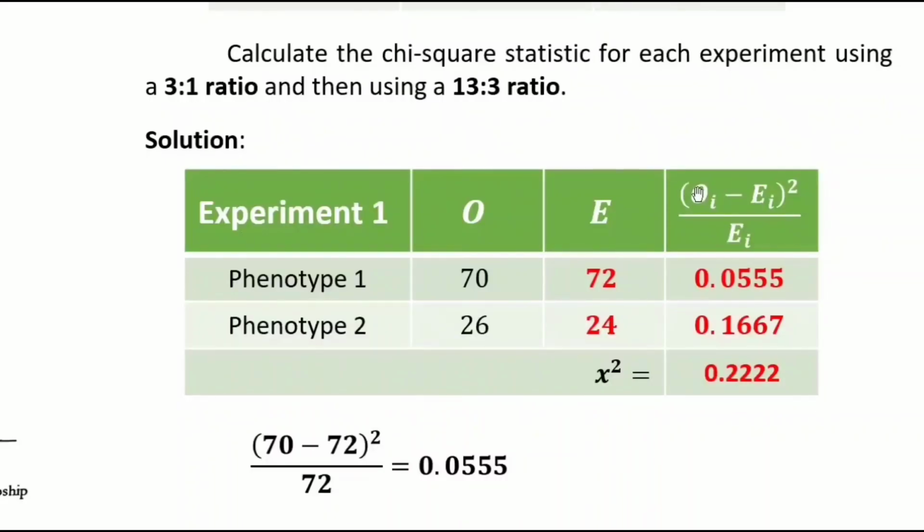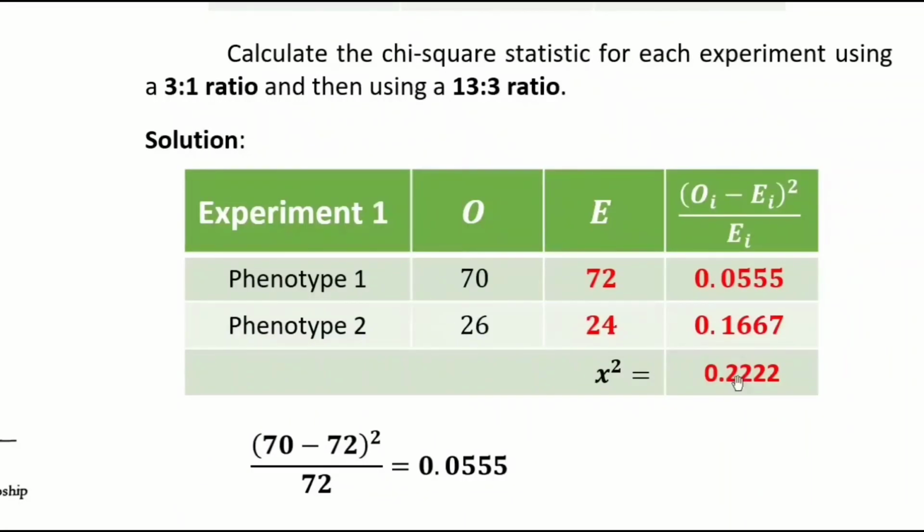Okay, let's substitute these values to the formula. Observed minus expected, and then we substitute the values to the formula. Observed values minus expected and the square. So, 70 minus 72, we have and then you square it divided by the expected value, which is 72, that is 0.0555. Do it again for the second row.